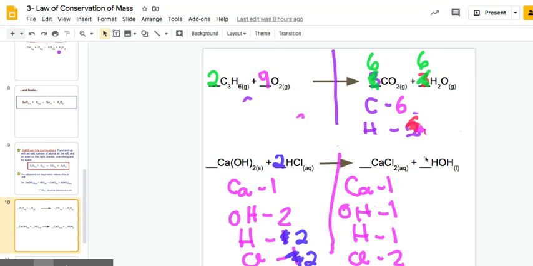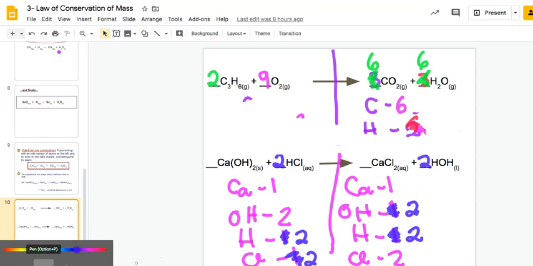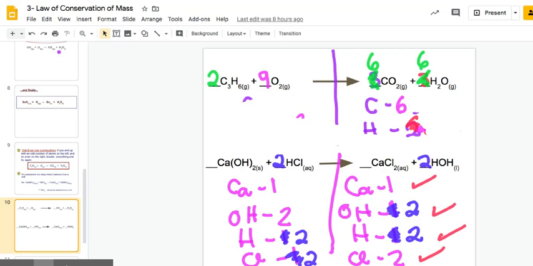I need 2 on my right-hand side. So I'm going to put a 2 in front of here. This means I get 2 hydroxides, and I also now have 2 hydrogens. So if we're checking our balancing, which of course we are, calcium, hydroxides, hydrogens, and chlorines. So all are balanced.